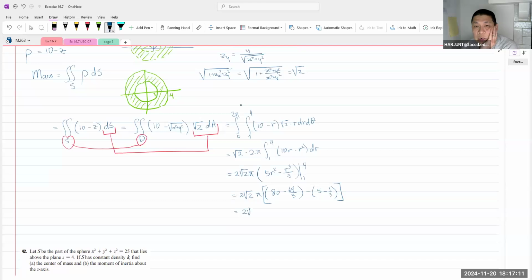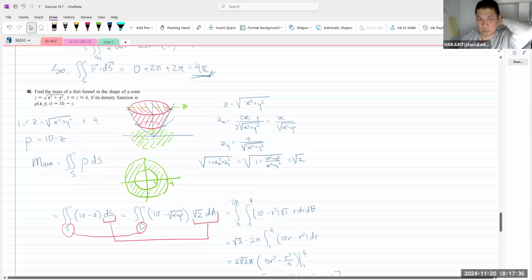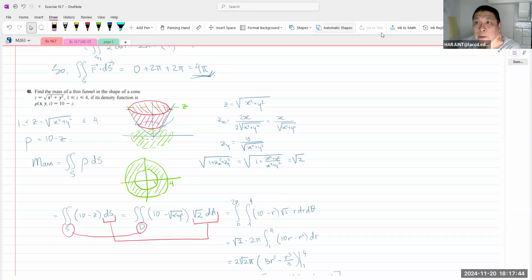So this is 2 radical 2 pi times 75 minus 63 over 3. That's 21. 21 subtracted from 75 is 54. That's 108 radical 2 pi. You notice that we actually spend more time with the setup. That's for number 40.